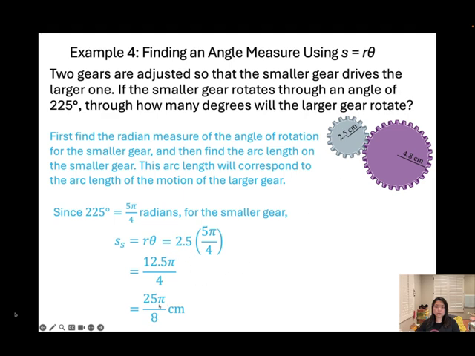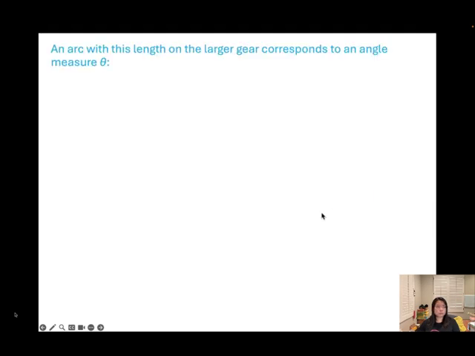This arc length for the smaller gear will be equivalent to the arc length for the larger gear here. So we're going to do the same thing. We're going to plug in 25 pi over 8 as the arc of the larger one. And then we know the R, right? And this time we want to find out the theta. So you're going to divide by 4.8 on both sides.